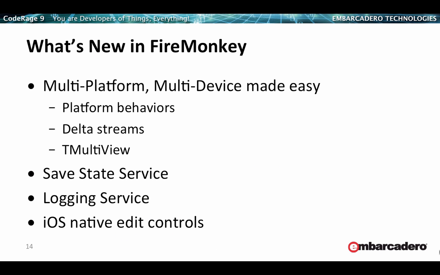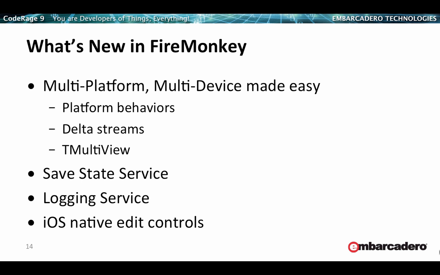That's all the time that we have for today. I've shown you how FireMonkey makes multi-platform, multi-device development even easier by adding platform behaviors for size and position. I've shown you the variant of form inheritance that we call Delta Streams, which provides the power behind the FireUI designer. I showed the TMultiView, our new super container component that makes it easy to write multi-platform navigation.